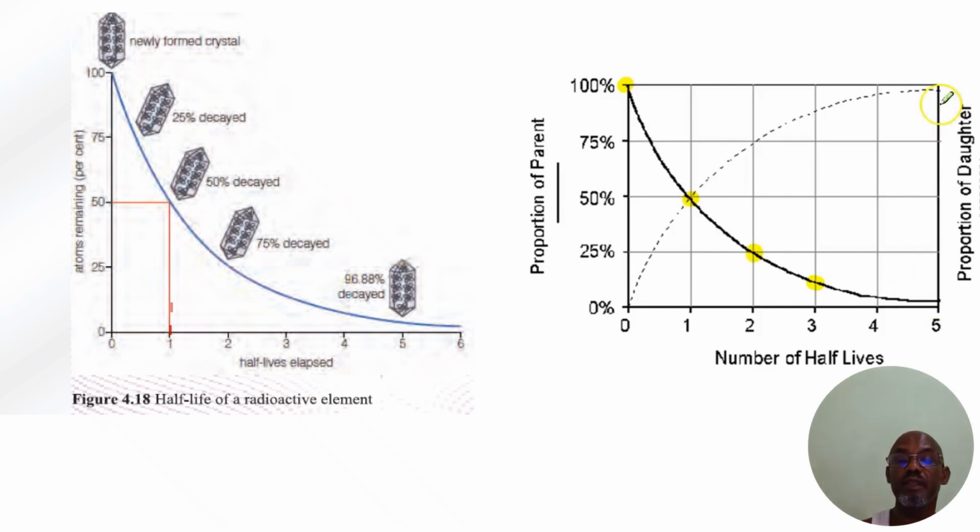The radioactive substance is decreasing, and the daughter element is increasing proportionally. Therefore, one half-life, 50%, two half-lives, 25%, three half-lives, 12.5%. You go just like this. For four half-lives, half of 12.5% is 6.25%. And you go just like this, and you get this graph.